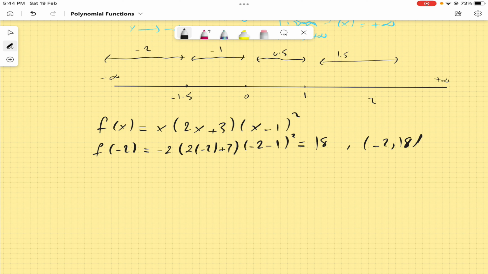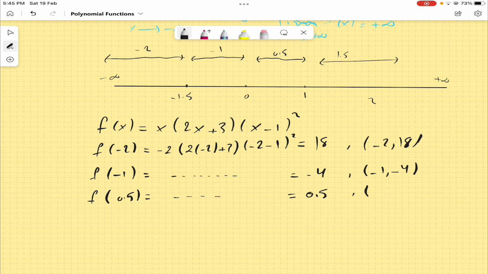For the second point, if you replace negative 1 the same way, you're gonna get negative 4. So the point is (-1, -4). The third point, 0.5. The y will be 0.5.